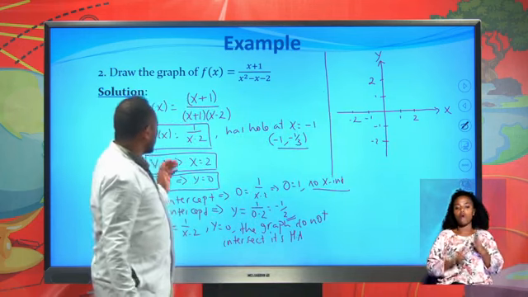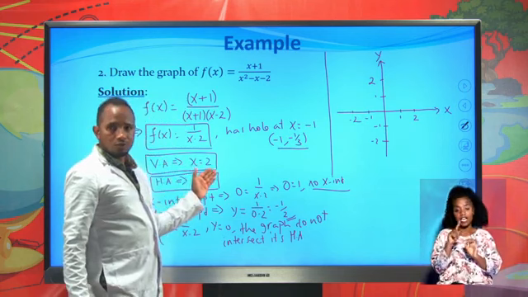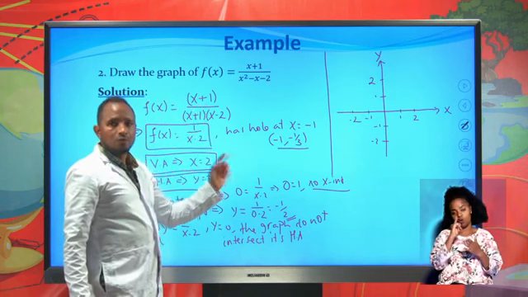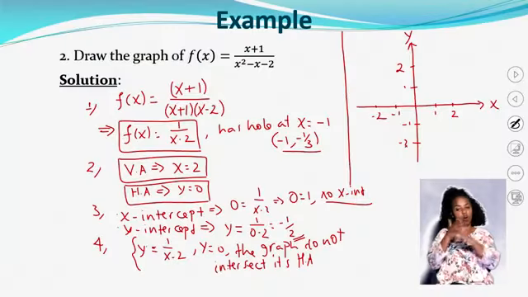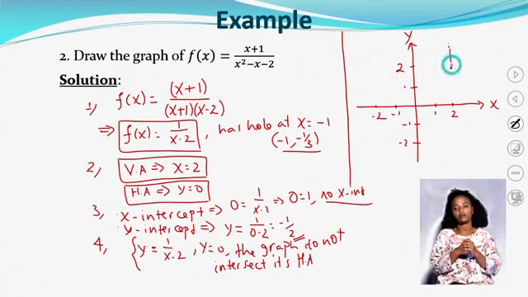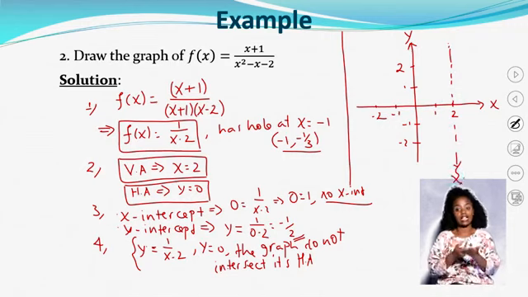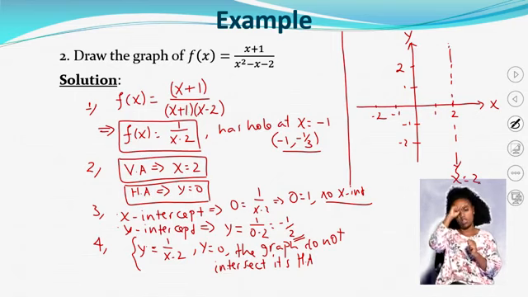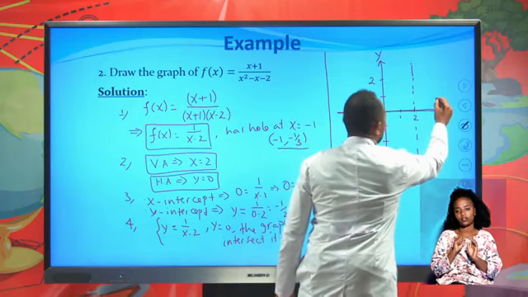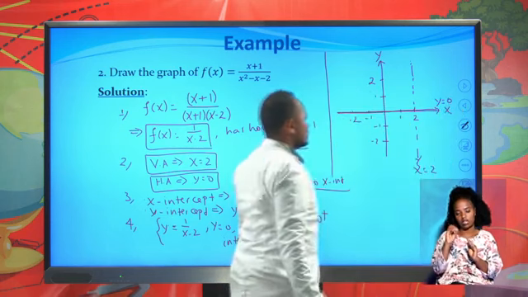So, the vertical asymptote is the vertical line x equals 2. Draw the vertical line x equals 2 with a broken line since the graph does not cross that point. And draw the horizontal asymptote in a solid line. It is y equals 0, which is the x-axis.